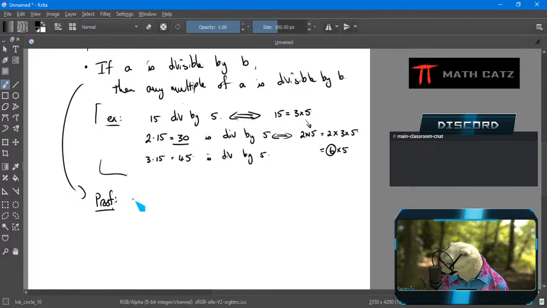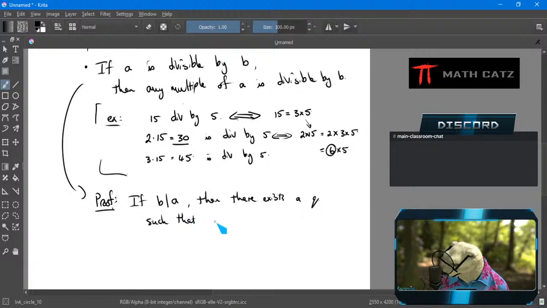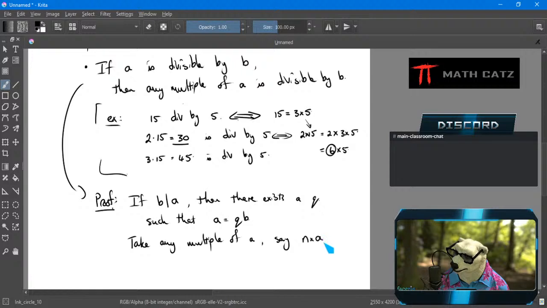So if I'm going to do it symbolically. If A is divisible by B, that's our mathematical way of saying that same phrase, then we know there exists a Q such that, by way of the definition, I can write A equals Q times B. Now, take any multiple of A. Let's call it N times A, right?